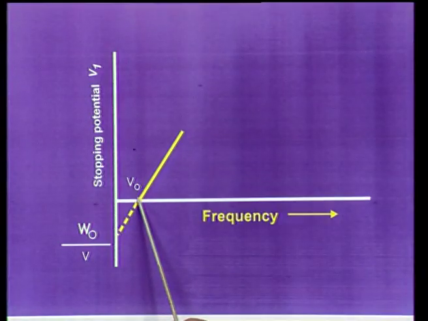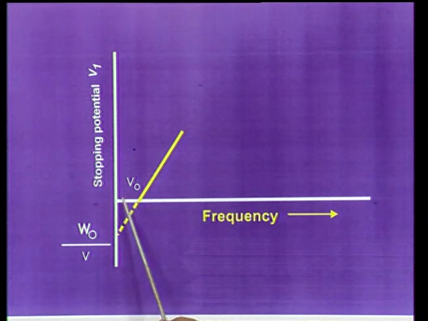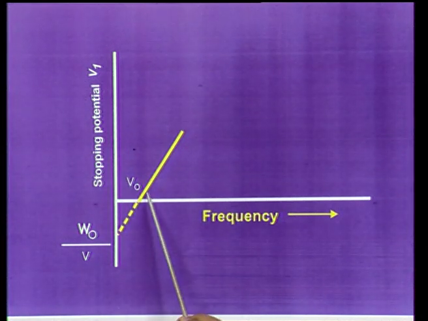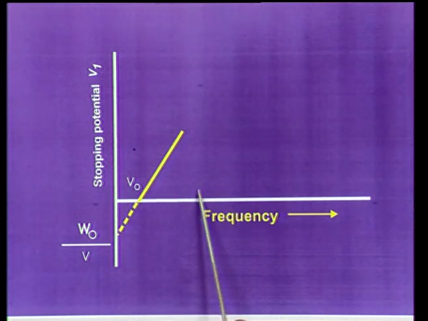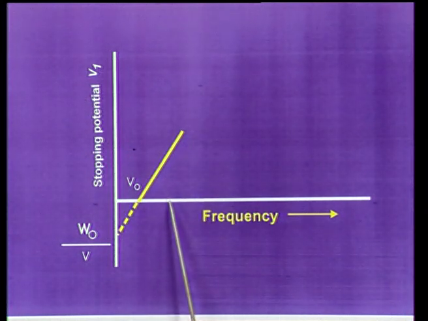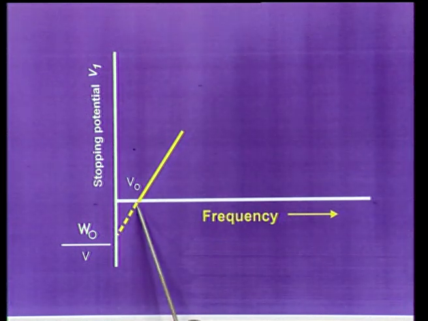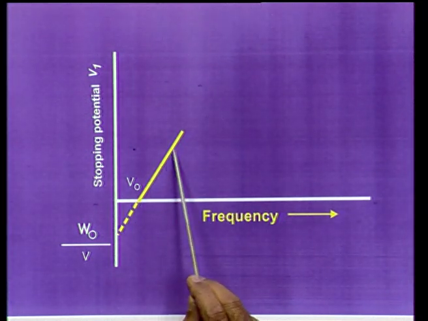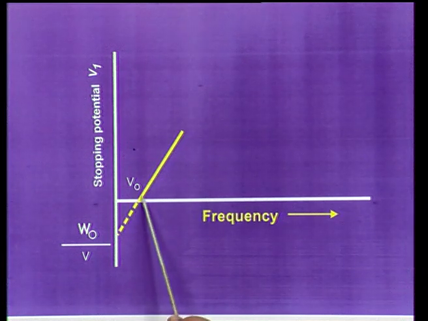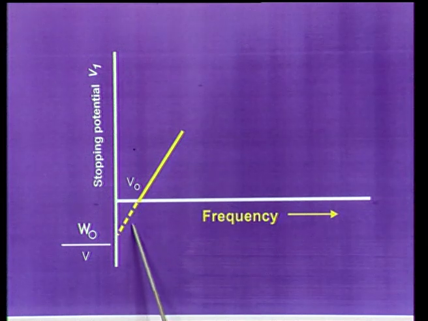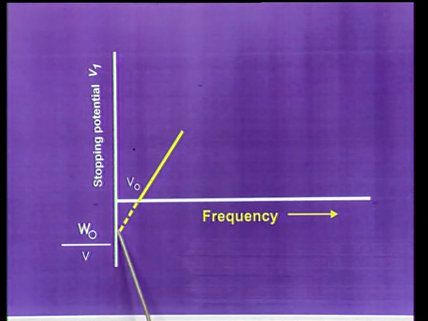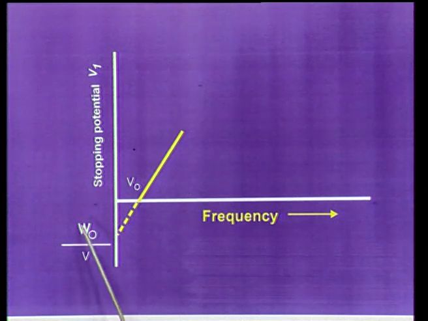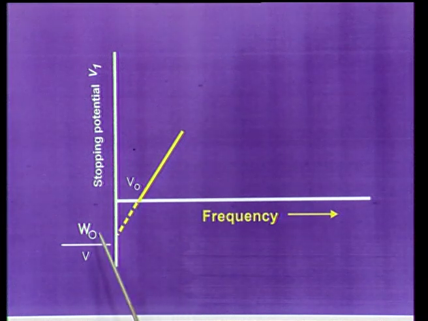As the cutoff frequency changes, the corresponding stopping potential changes. When the frequency changes, it means the corresponding energy is changing. This follows a straight line, and this straight line cuts the x axis here, and the extension of it on the y axis gives an intercept of W0 divided by the corresponding frequency nu. This W0 is called the photoelectric work function.